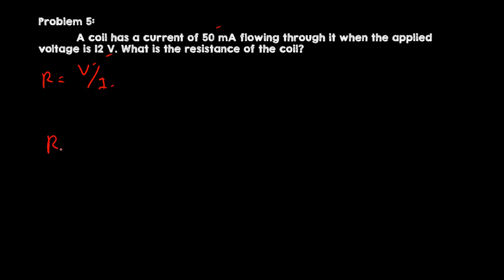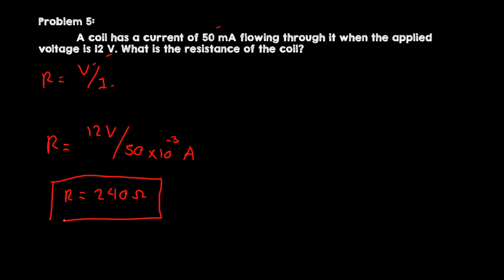Again, R is equal to the voltage, 12 volts, all over 50 times 10 raised to negative 3 amperes, since milli is times 10 raised to negative 3. So the resistance is 240 ohms. Simple conversion of unit and direct substitution.